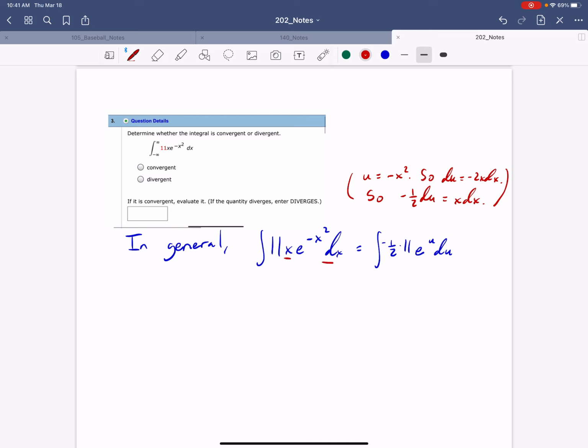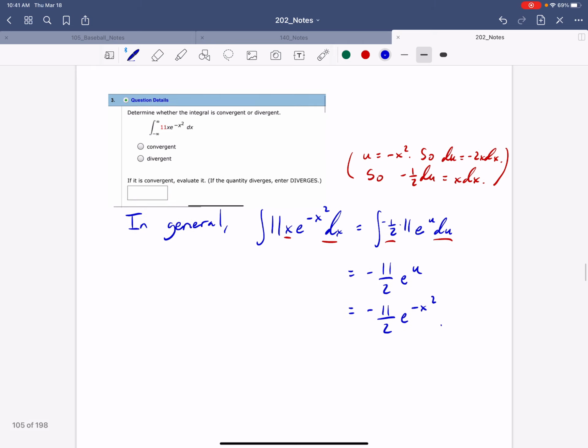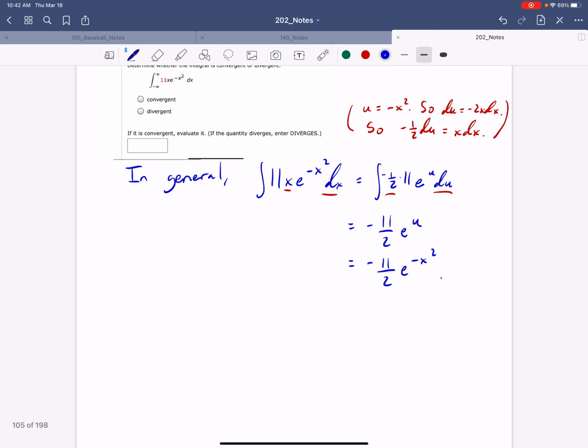We do this out, we get negative 11/2 e to the u, and then negative 11/2 e to the negative x squared. I'm not going to do plus c because remember, we're going to be plugging stuff in. Okay, now that's in general.